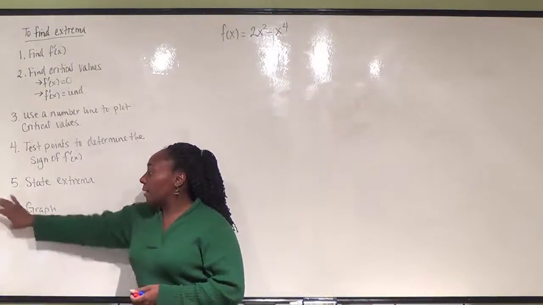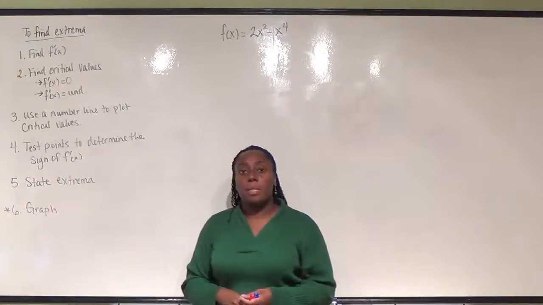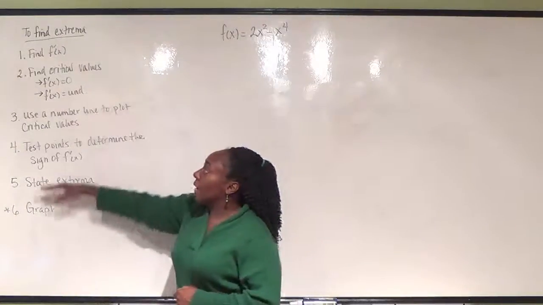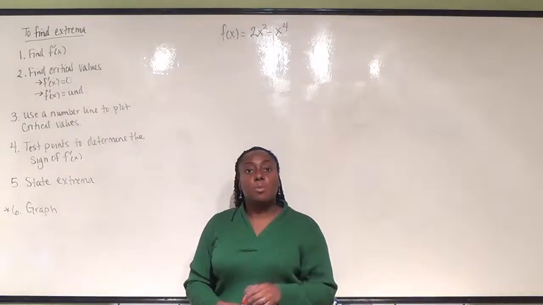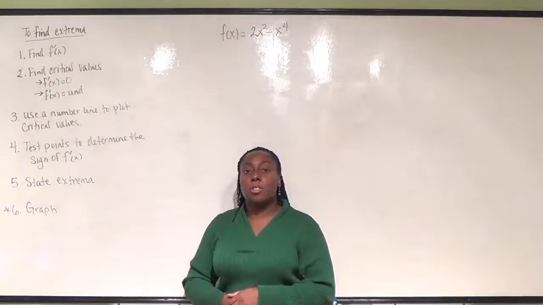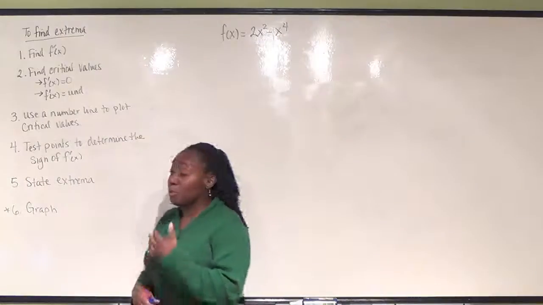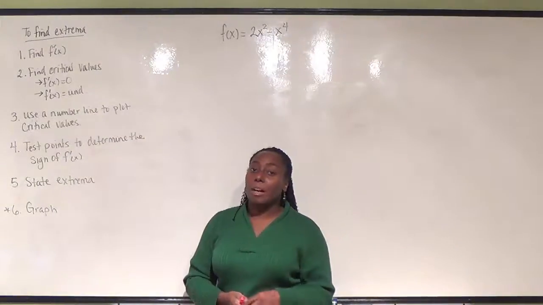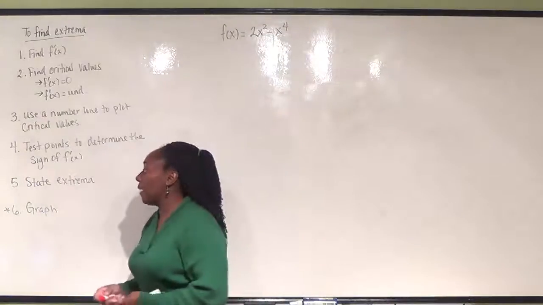Okay. The last part, I have a star by this because in some cases you're going to be asked to graph the function. And once I have this information, I should be able to get a pretty decent sketch of the graph. Okay? At least for the ones in this section. There are going to be ones later where you're going to need a lot more information. Okay?